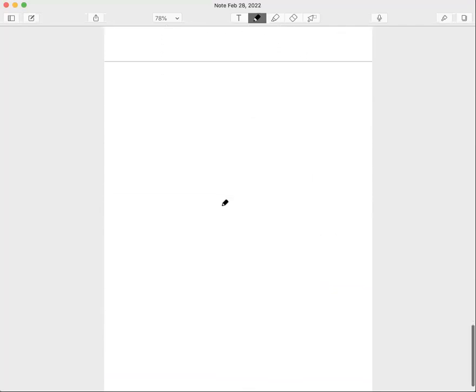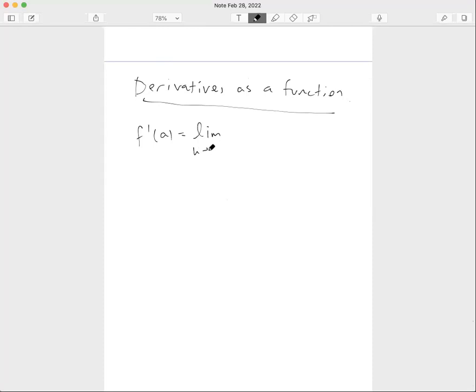So, okay, today we'll be talking about the derivative as a function. Recall we had f prime of a equal to the limit as h approaches 0 of f of a plus h minus f of a over h, and we'll be using this definition more often now. This was the derivative at a point.